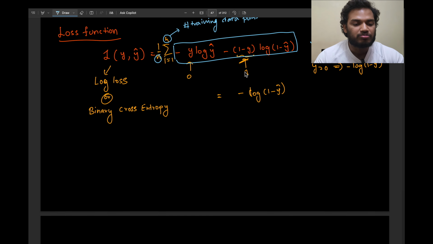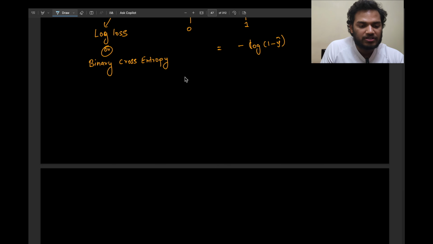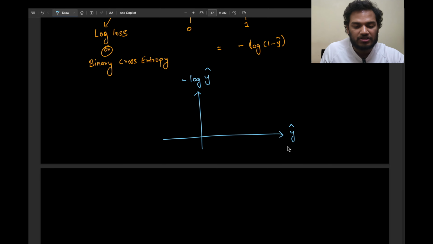And now let's observe the graph of it. Okay, let's try to see this graphically. If you think of minus log of y cap against y cap, how will the graph look? Whenever y cap is 0, what will it be outputting? It will be outputting plus infinity, right? Because minus log of 0 gives us plus infinity. So whenever y cap is 0, our curve will be over here, and whenever it is 1, it will be at 0.